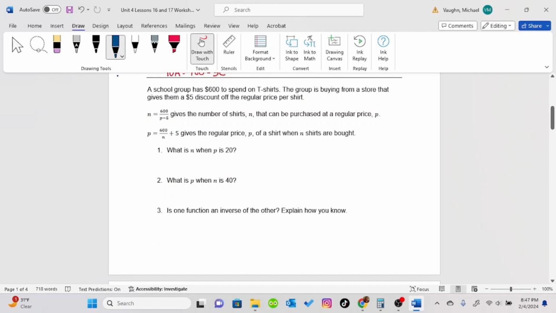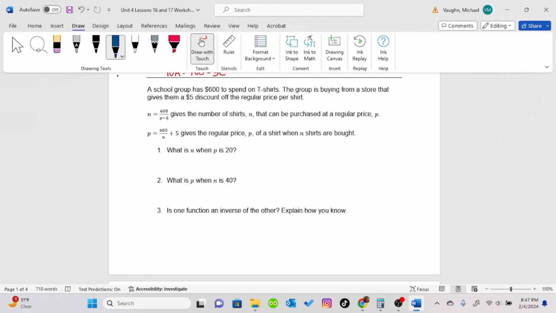A school group has $600 to spend on t-shirts. The group is buying from a store that gives them a $5 discount off the regular price per shirt.